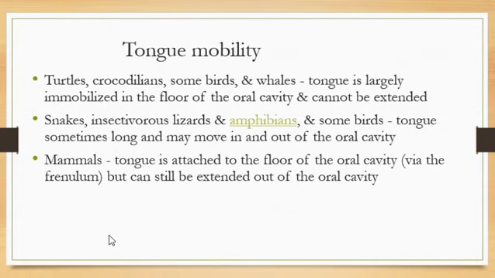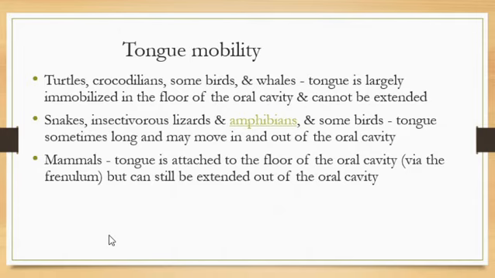Tongue mobility. In turtles, crocodilians, and some birds and whales, the tongue is largely immobilized in the floor of the oral cavity and cannot be extended. Because it is not used, they are more on swallowing, so the tongues are not extended. In snakes, insectivores, lizards, and some amphibians like anurans and some birds, the tongue is sometimes long or may move in and out of the oral cavity.